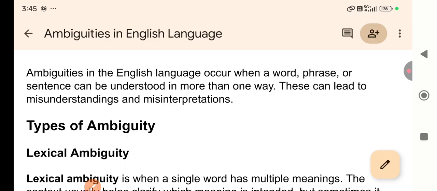Clarity is not there about what the speaker wants to say, because there is more than one interpretation. That is called ambiguity.